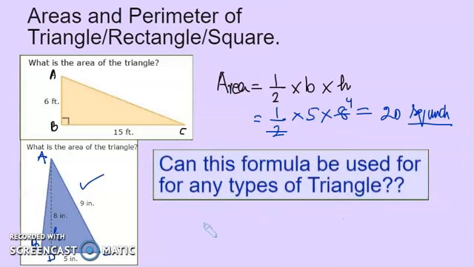Let us take a look at a few other types of triangles as well. As you can see in this diagram, ABC is our triangle whose base is BC and the opposite vertex is A, and we are required to find the area.